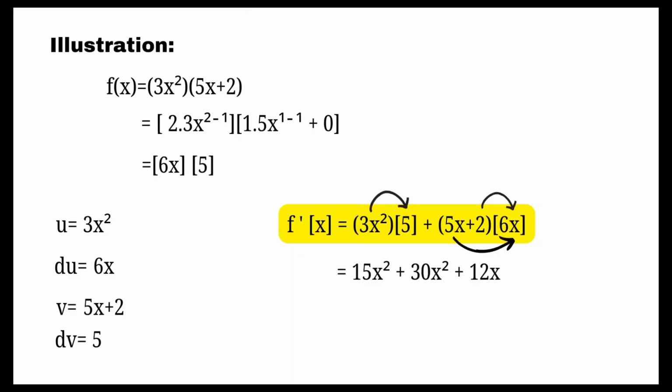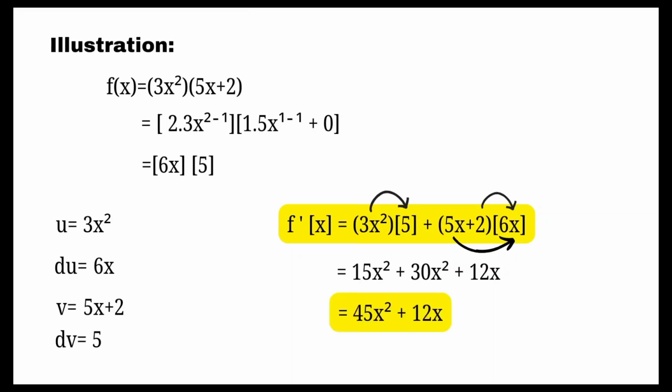Now, we can simplify. For 3x squared times 5, we get 15x squared. For (5x + 2) times 6x, we calculate it as 30x squared plus 12x.